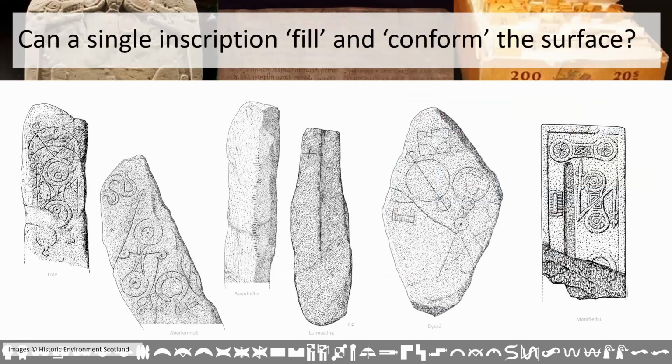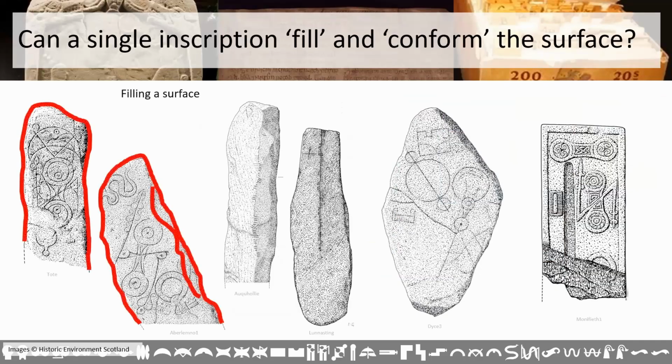In terms of an inscription filling and conforming to an irregular surface, Pictish symbols are really, really good at doing this. So you can see a couple of undressed pillar stones here, and the Pictish symbols have been expanded, rotated, reflected, arranged in really odd ways, all to fill up the maximal potential of that surface.